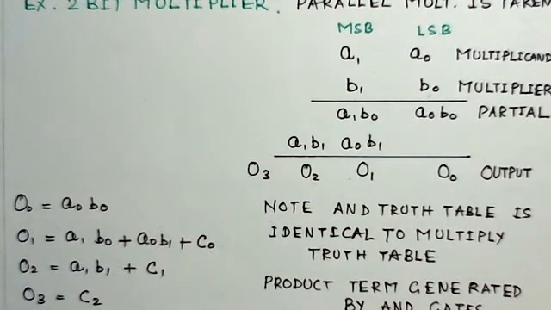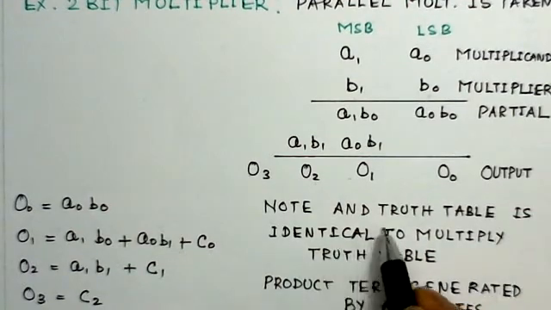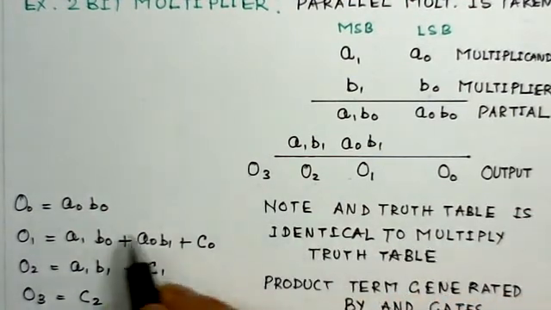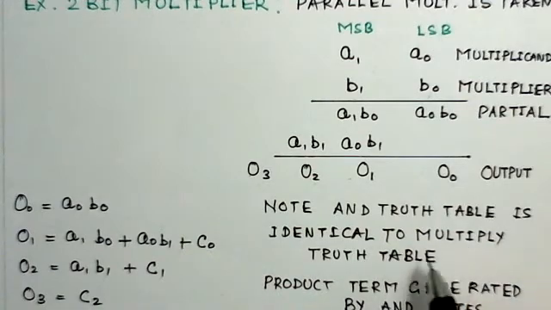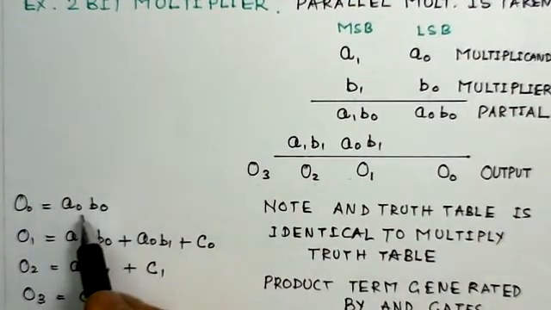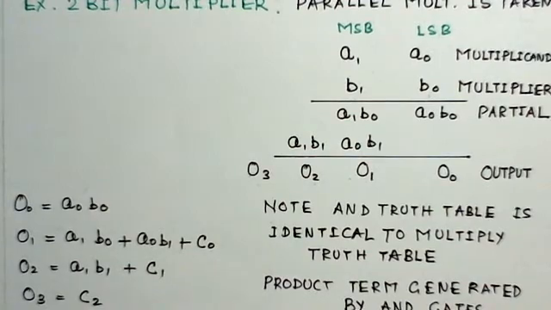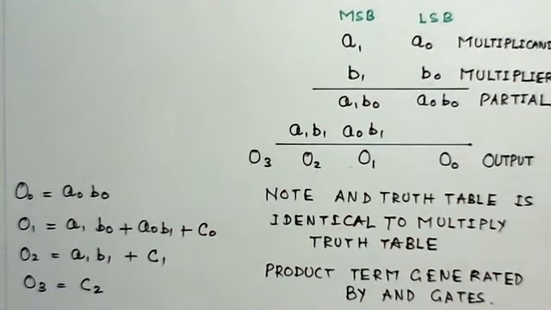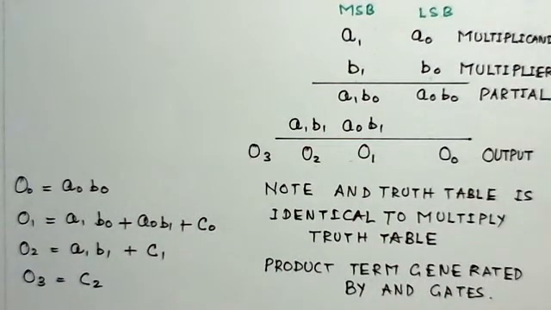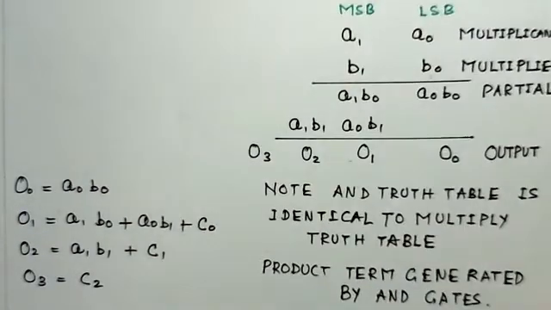If we try to see the truth table of a multiplier and the truth table of an AND gate, they are similar. So you can use AND gates to get these multiplication products, and the addition can be done by adders or maybe XOR gates.